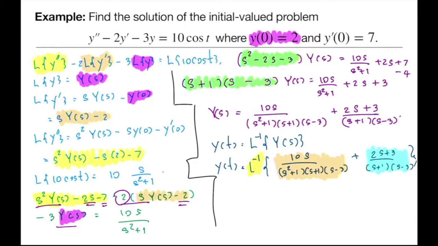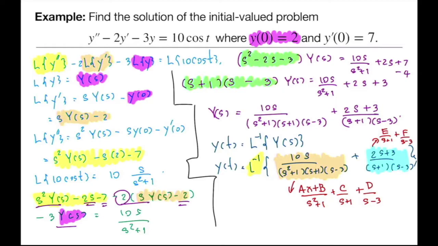So here we need to split this into (as plus b) divided by s squared plus 1, plus c divided by s plus 1, plus d divided by s minus 3. And then we use undetermined coefficients to find a, b, c, and d. Similarly, this one we need to split into e divided by s plus 1 plus f divided by s minus 3.